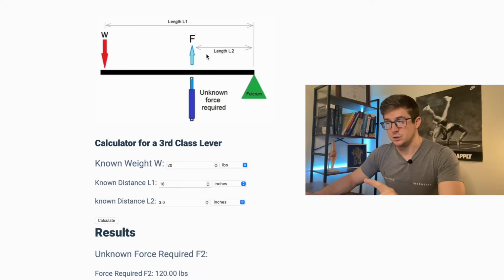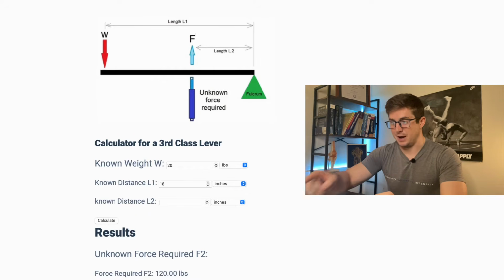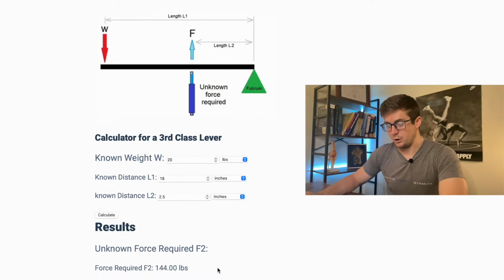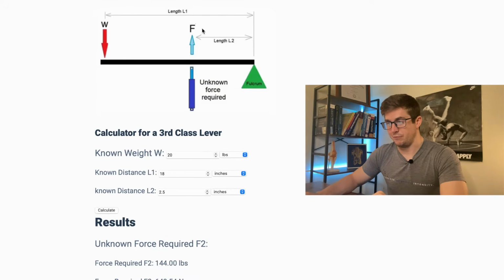What we're going to change is the length. Okay, so this would represent the muscle attachment. So let's say Jamal Hill had a bicep tendon that attached 2.5 inches away from the elbow, or the fulcrum. So if we hit calculate, that means that it would be 144 pounds of force created by the bicep in order to lift a 20-pound weight, all right?